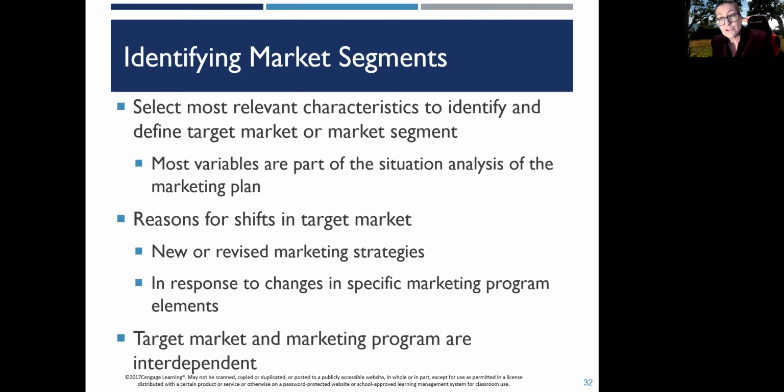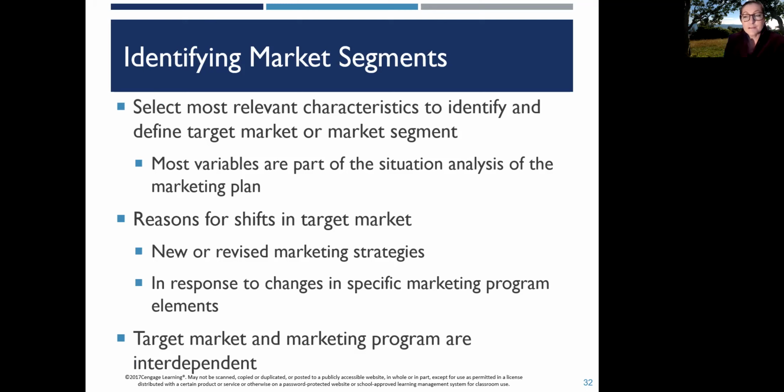So the situation analysis and the research that's been done to conduct that situation analysis, here is where the front end of your marketing plan connects with the back end of the marketing plan, where you're identifying that the total market is made up of these specific segments, and in line with what the analysis shows at the front end, these are the segments that you are going to target. All right.